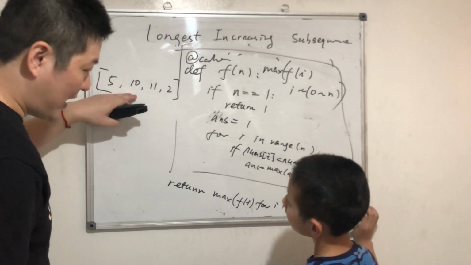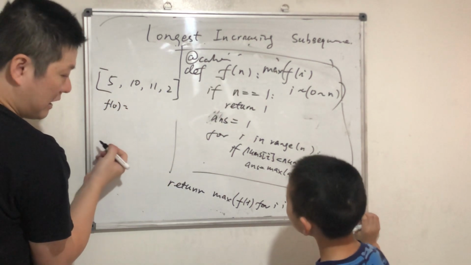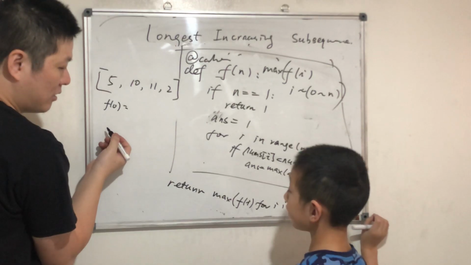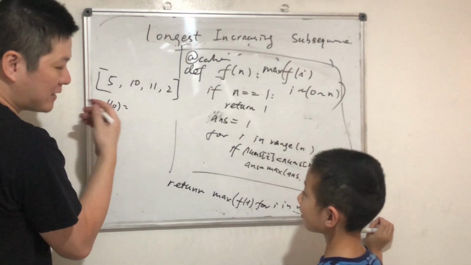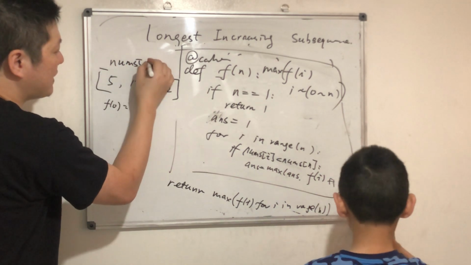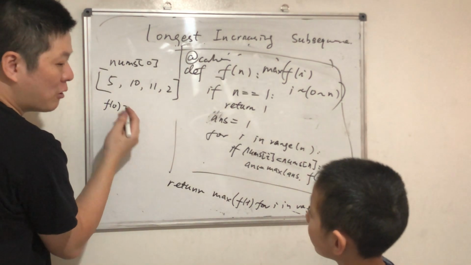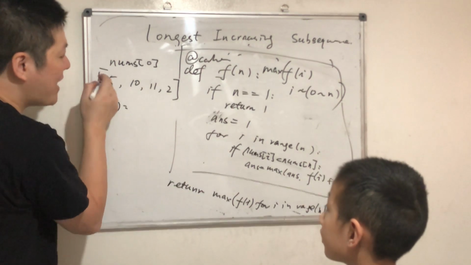So look, what is f0? f0 is not 5. nums[0] is 5, but f0 is the longest increasing subsequence that ends with number 5.